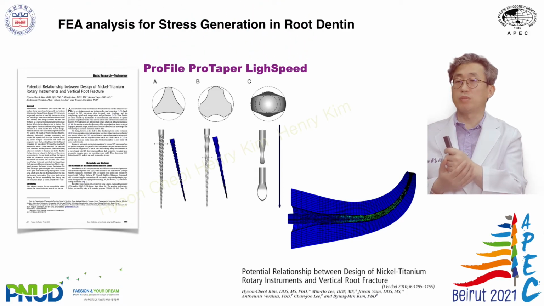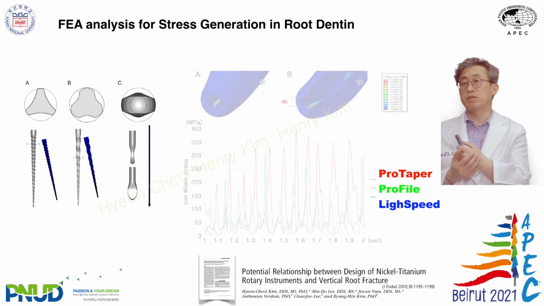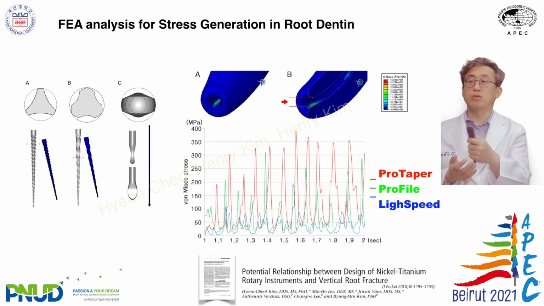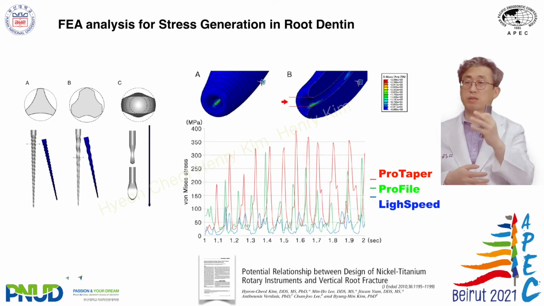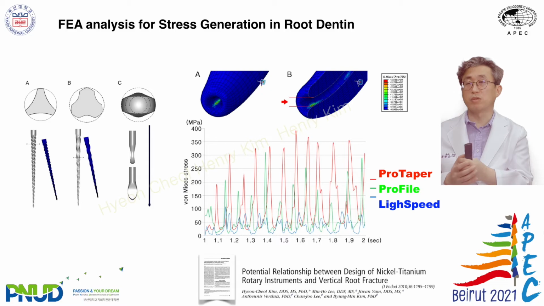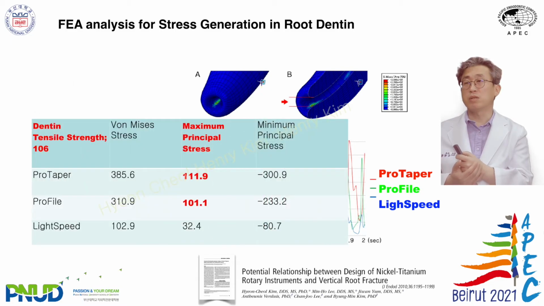Using this simulation method, we compared ProTaper F3, ProFile size 30, 06 taper, and LightSpeed. As you can guess, the results show that steeper ProTaper instruments produce higher stresses on the apical root dentin. Under the conditions of this study, the apical stresses by ProTaper and ProFile were almost similar to the dentin's tensile strength.